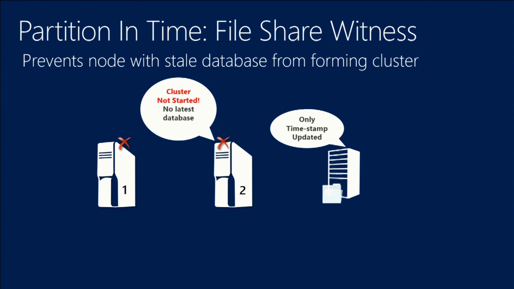So it is aware that my database is not the latest, and if I start now, I may potentially lose any changes that node 1 may have made. And so that's where it stops, and you won't be able to start the cluster service with a simple start. The file share witness helps you prevent partition in time, essentially loss of configuration, but it does not help you recover from that situation.